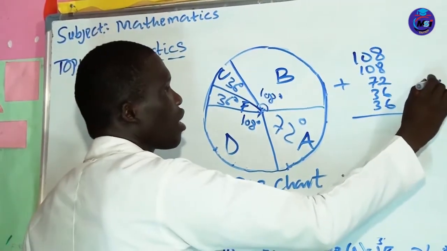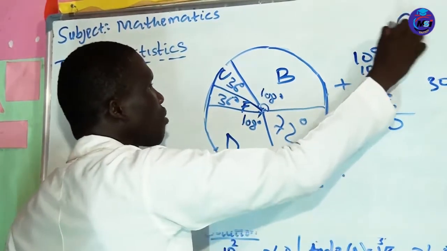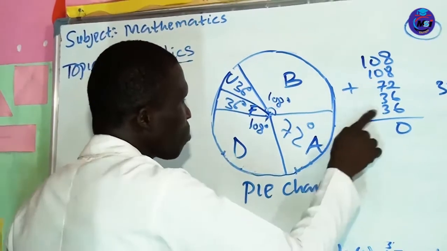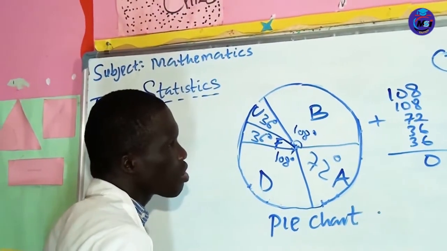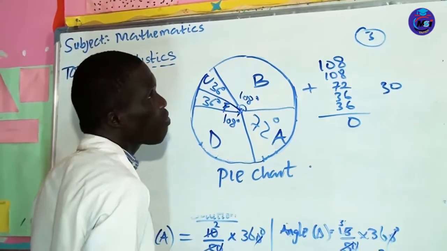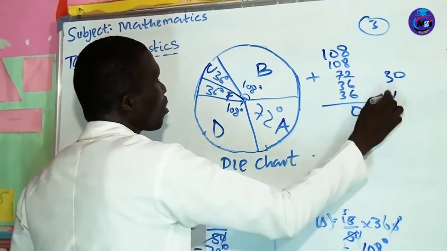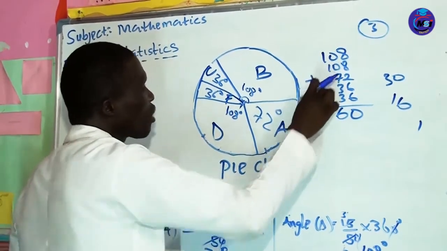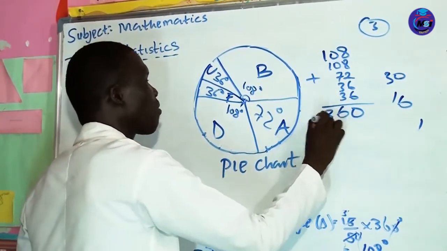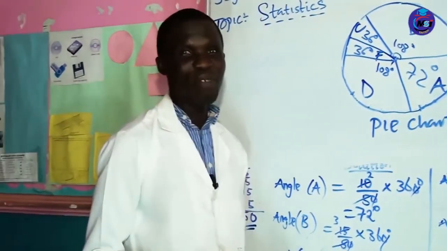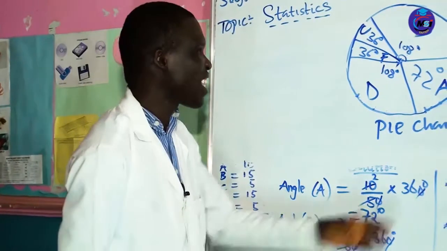So 30, we write 0, remain 3. Now look at this. 7 plus 3, 10. 10 plus 3 will give us 13. 13 plus 3 will give us 16. So we write 6, carry 1. Okay, 1 plus 1 will give us 2, plus the 1 we have 3. So that means our answer is correct, right? Oh, you can clap for yourself because you are part of this class, right?